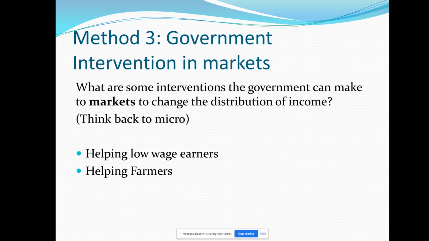Well, that's true. It might overlap with method two. When you are talking about subsidies, you might want to go back to method two. But I would say subsidies are also a kind of government intervention.